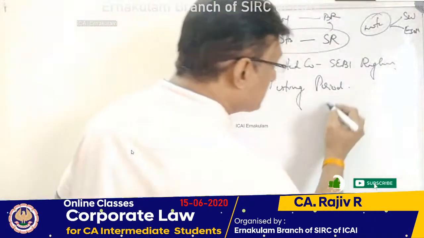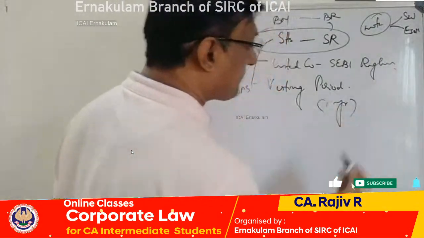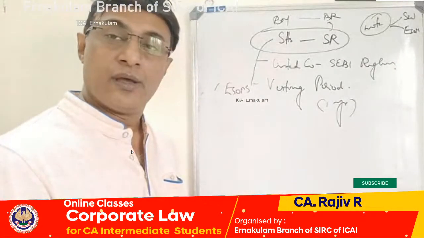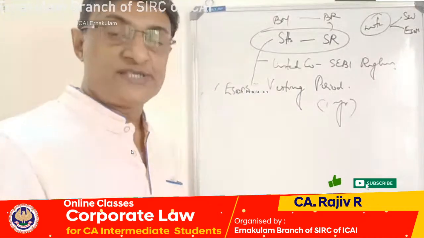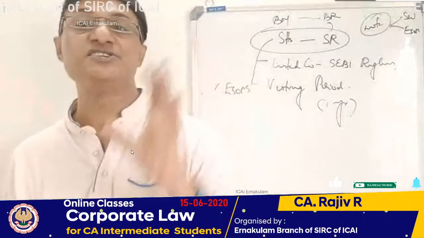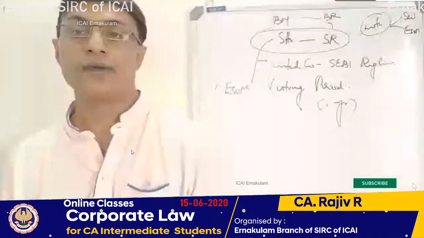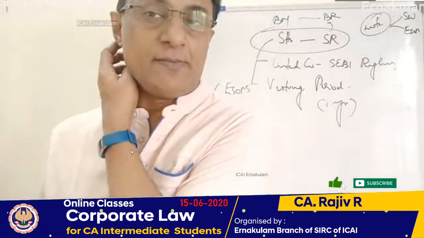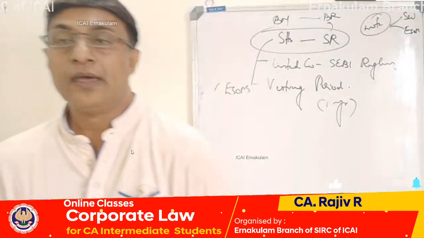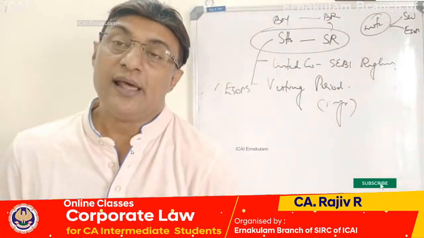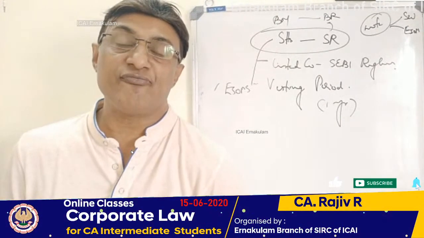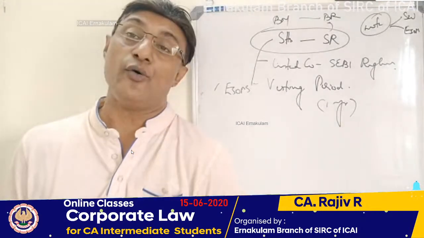The vesting period is technically 1 year. In other words, an ESOP's issue must be kept open for at least 1 year. So if I am an employee of a company, I have been selected for ESOPs, the company will give me an option of taking it or rejecting it within 1 year.